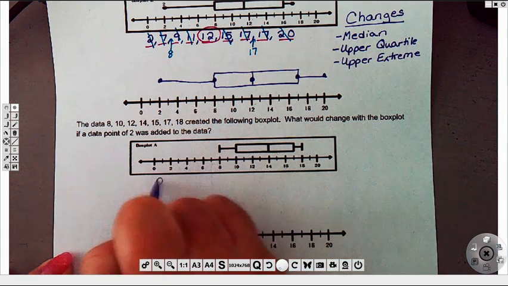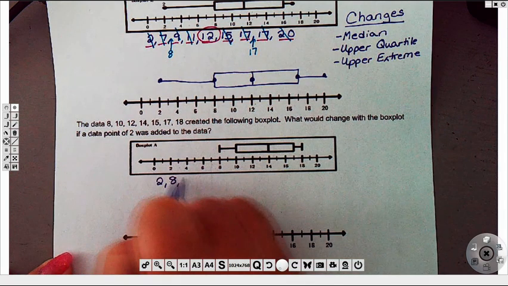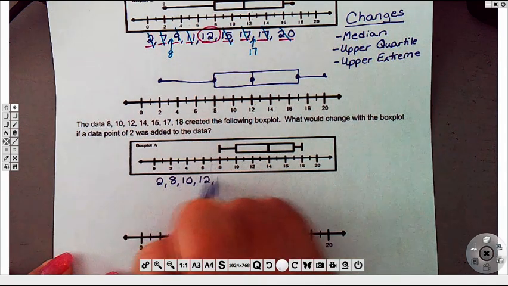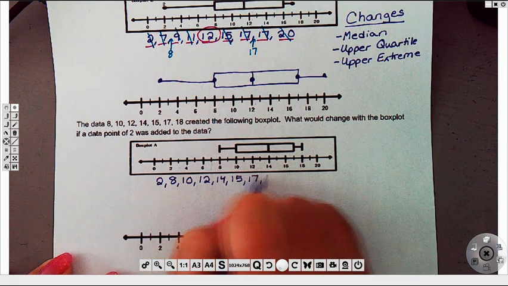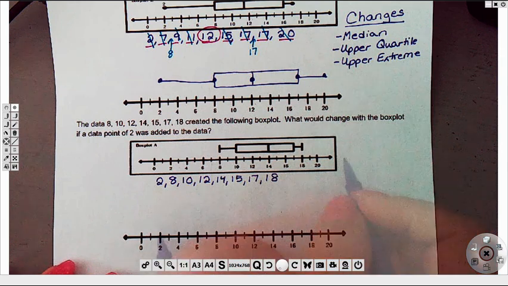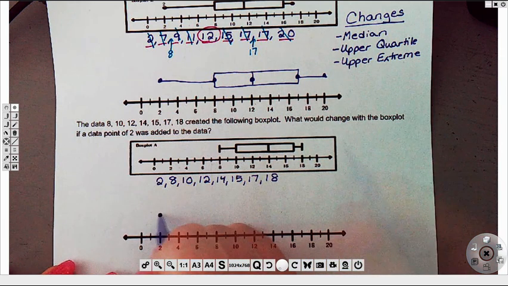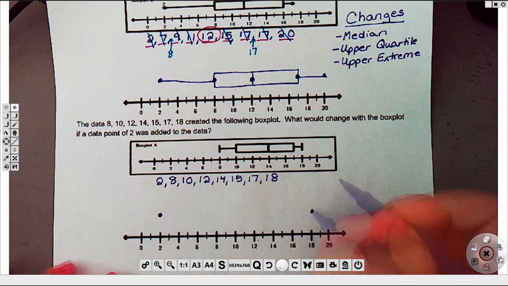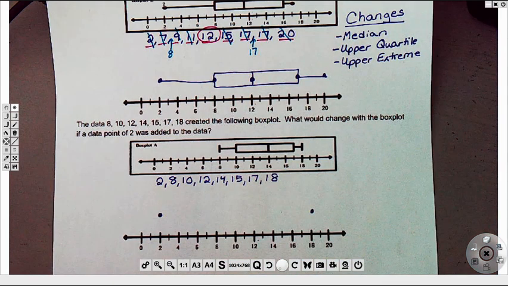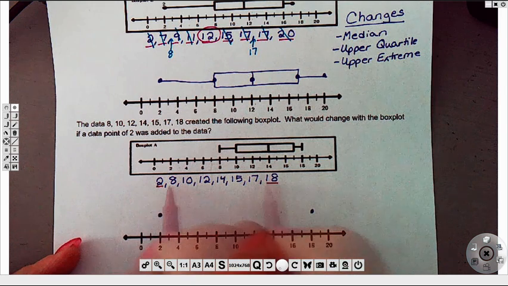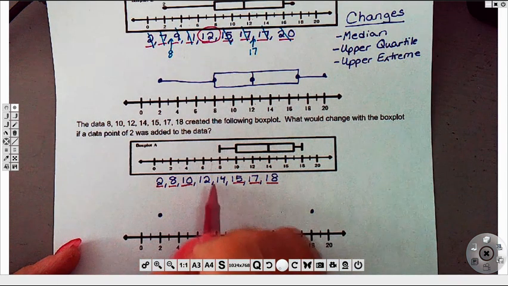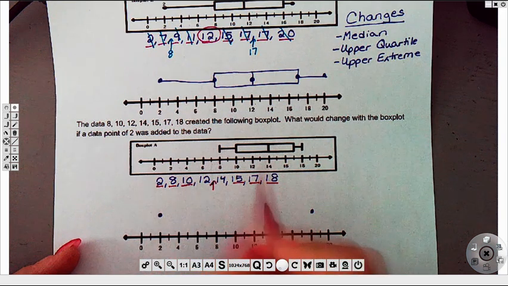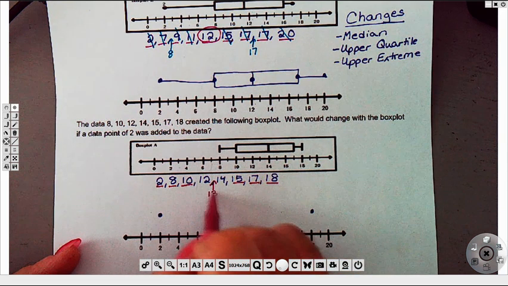So if I rewrite my data, I have a lower extreme of 2, an upper extreme of 18. If I were to go through and find my median, it would fall between 12 and 14, so my median would be 13.